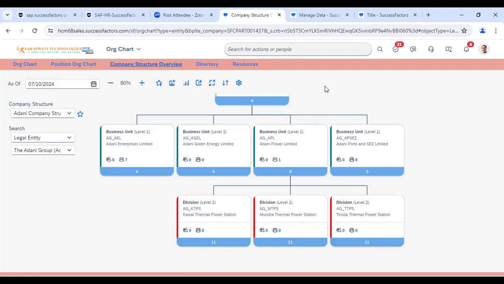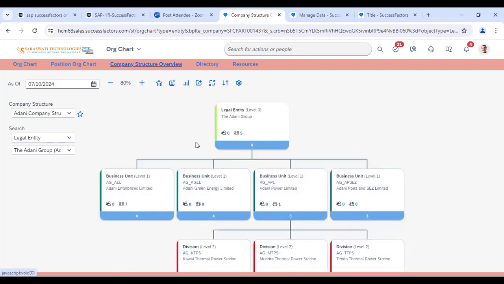You need to make that structure in this way, because you do not have any other option. Whatever data you get from their side, you need to make in this way only. Then your Employee Central, your SuccessFactors, will work as per SAP's recommended best practices.